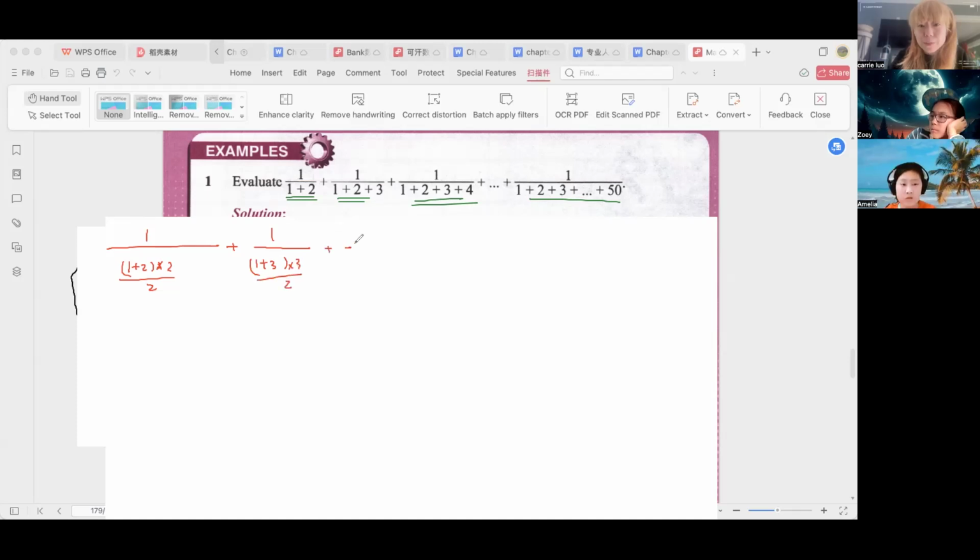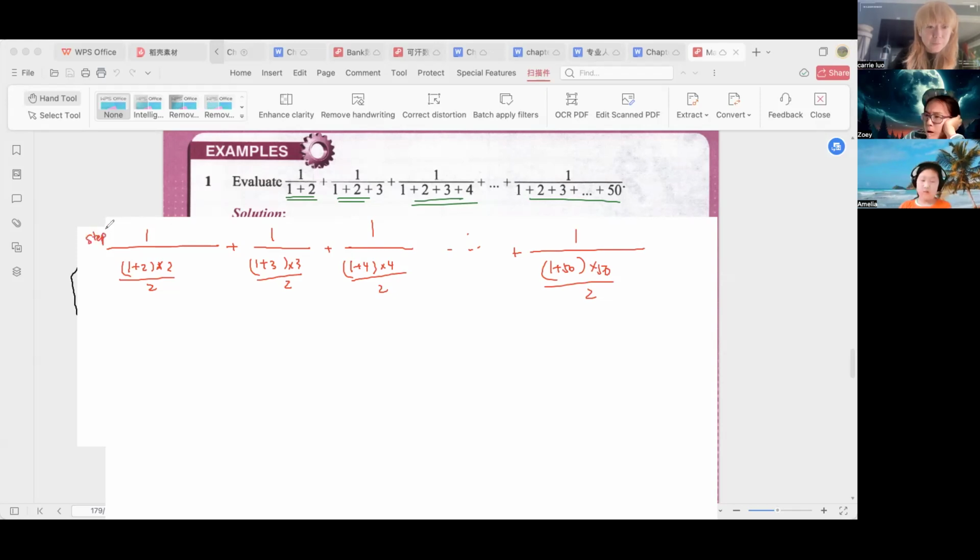Correct? The third one is 1 over (1 plus 4 times 4 over 2). Correct? And the last one is 1 over (1 plus 50 times 50 over 2). Okay, everybody please do this on your page with me, so you do it as well. So this is step 1.